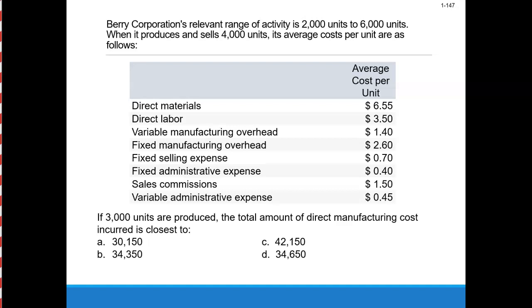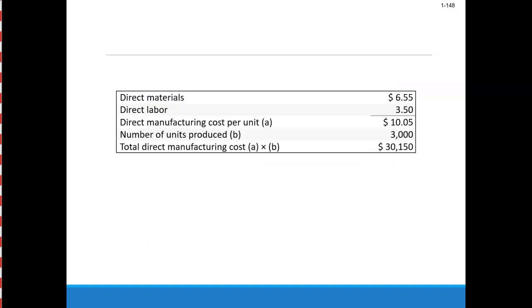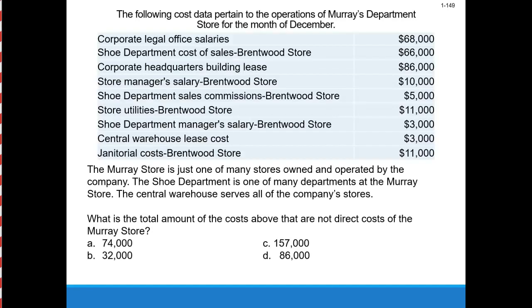If 3,000 units are produced, the total amount of direct manufacturing is direct materials and direct labor, correct? So in this case, 3,000 times $10.05, the direct materials and the direct labor. Does that make sense? They didn't ask us about manufacturing overhead this time. They asked us about direct manufacturing costs.